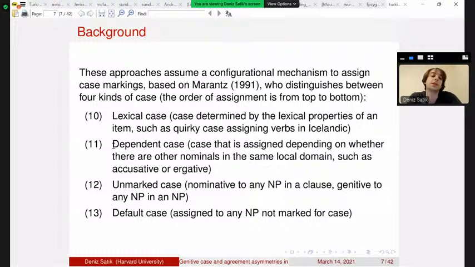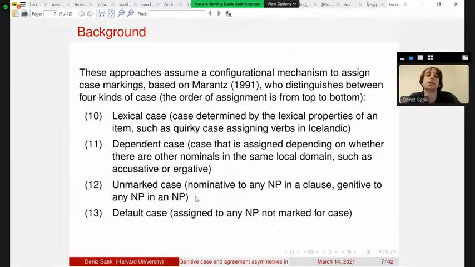So an unmarked case: this is the most important concept for this talk. This is what I'm going to argue assigns genitive case in the Turkic languages. It's the kind of case that is assigned, for example, to any NP in a clause.